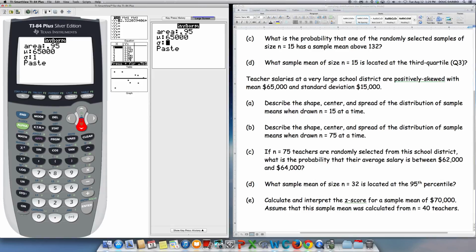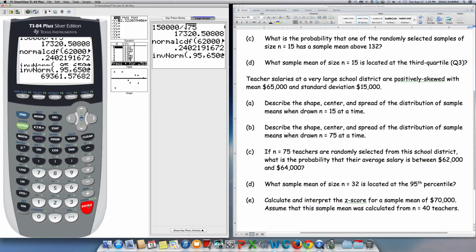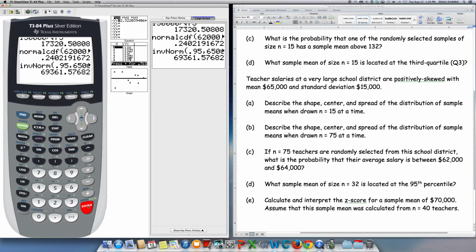And a standard deviation will be 15,000 divided by square root of 32. Alright gang, go for paste. Make it happen. So the average of 69,361.58 would be at the 95th percentile.